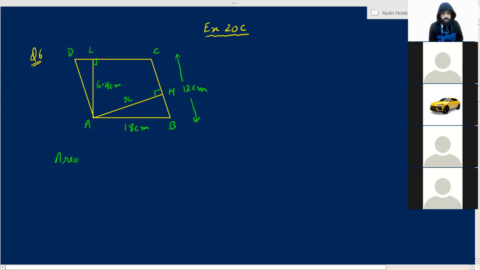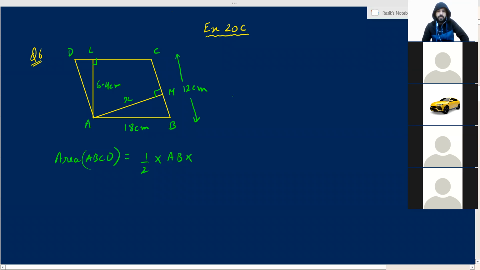Area ABCD, that means area of parallelogram ABCD, is equal to base into height. If we take AB as the base, which side should I take as the height? Tell me, all of you. If I take AB as the base, then which side will be the height of the parallelogram?